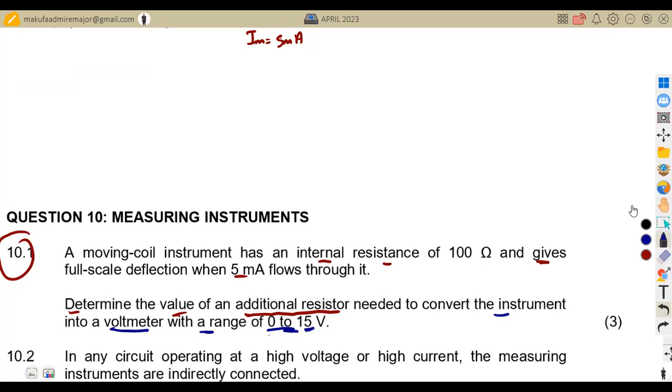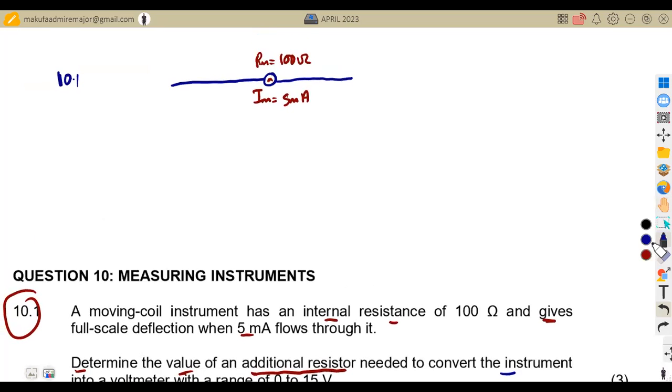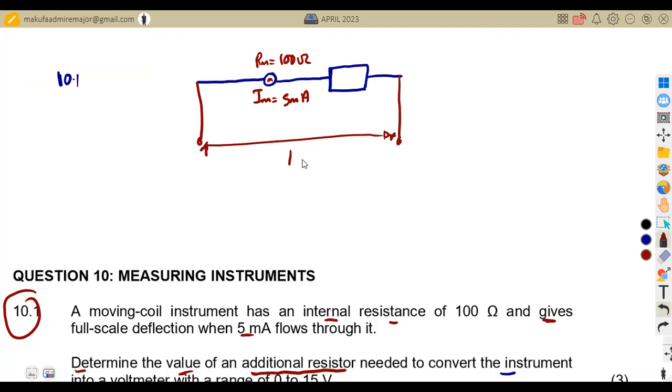We are going to add a resistor in series, so we can measure a voltage up to the value given. So we need this resistor that will allow the instrument to measure from 0 to 15 volts, with 15 volts at its maximum. That is the question.